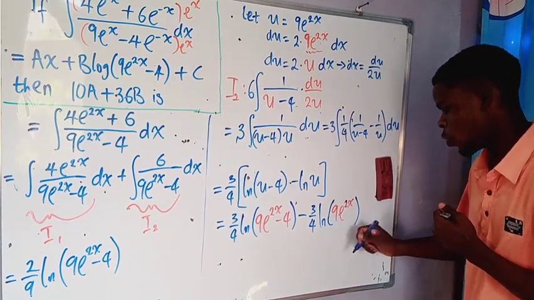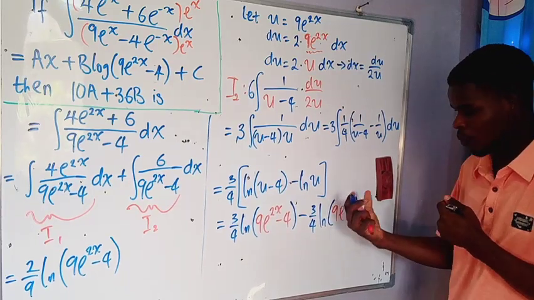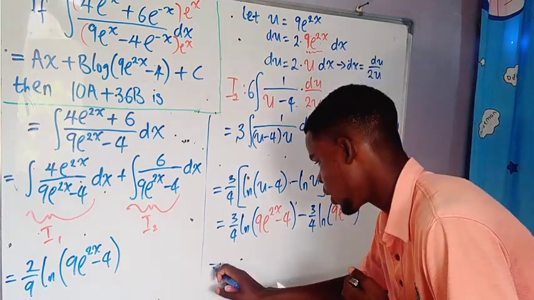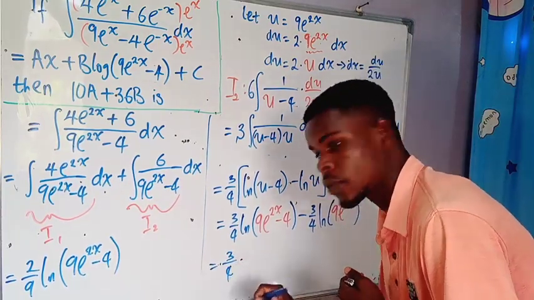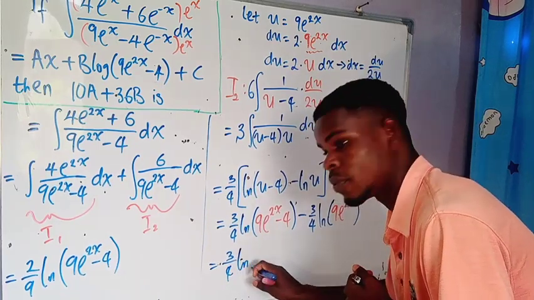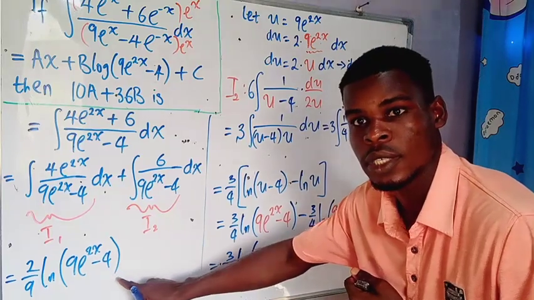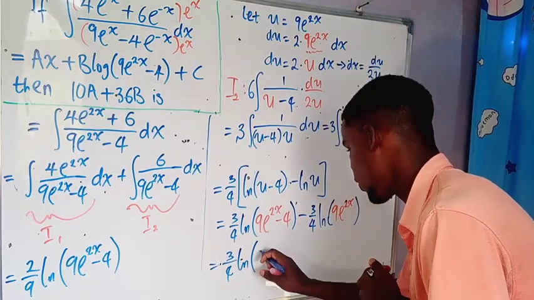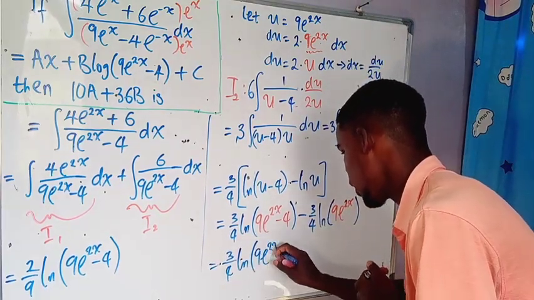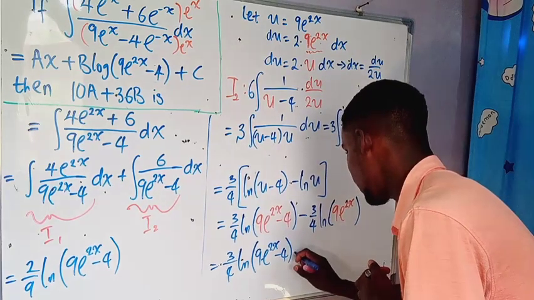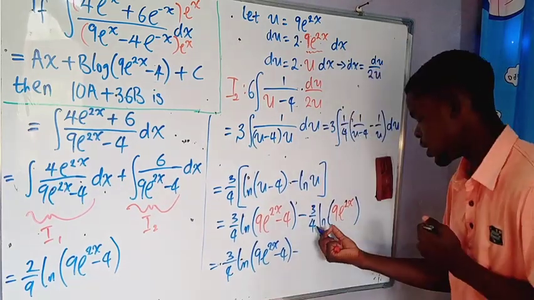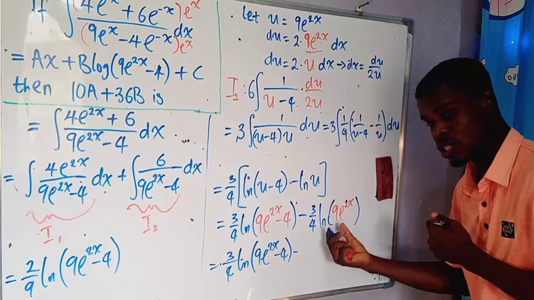The logarithm of a product is the sum of the logarithms. So this is going to be 3 over 4 times the natural logarithm of, let me just write it down, e to the power 2x minus 4, minus. Now, the logarithm of the product is going to be the sum of the logarithms.